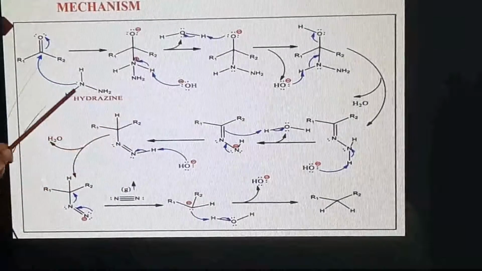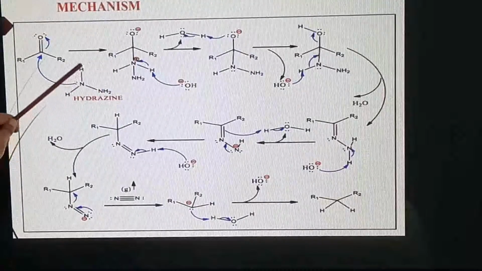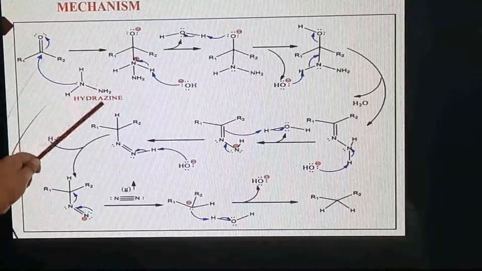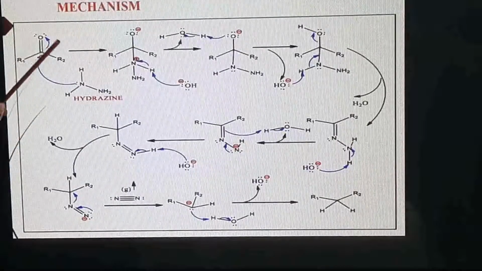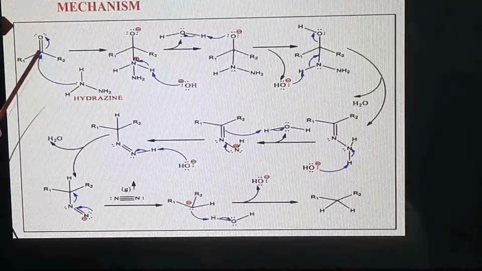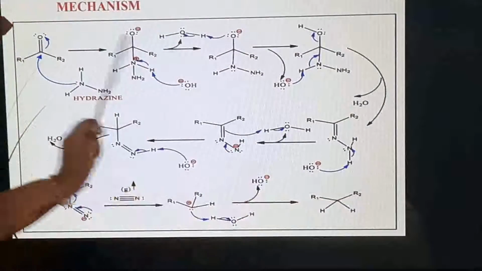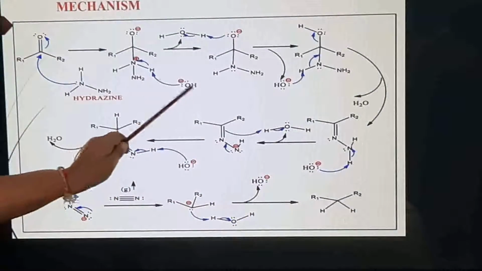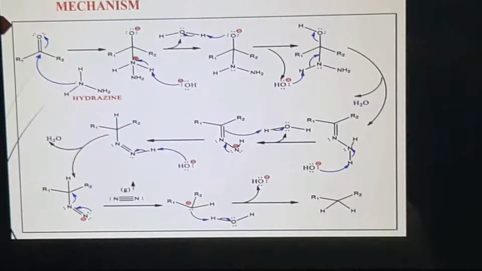That OH always takes these two hydrogens of this nitrogen and these two hydrogens of this nitrogen in every step, and at the end there is a loss of nitrogen gas, and removal of this oxygen by the H2O molecule, and next attachment of two hydrogens to this carbon and formation of the alkane RCH2R2, conversion of the carbonyl compound into the CH2 group. In every step OH is taking hydrogen. This is the actual mechanism.